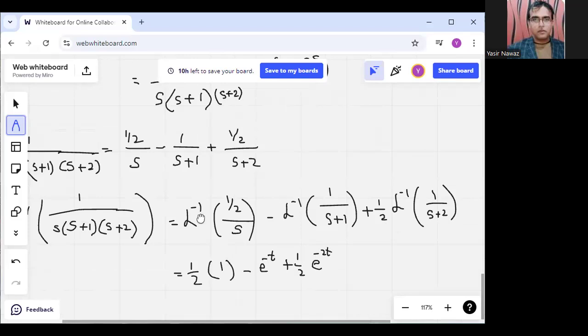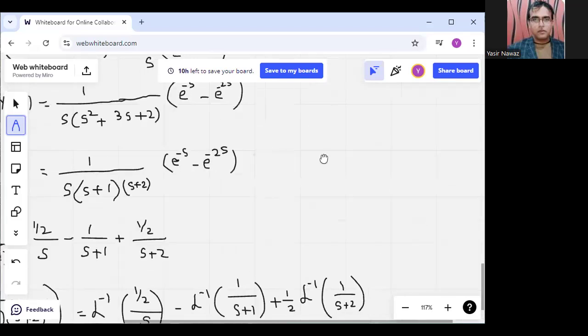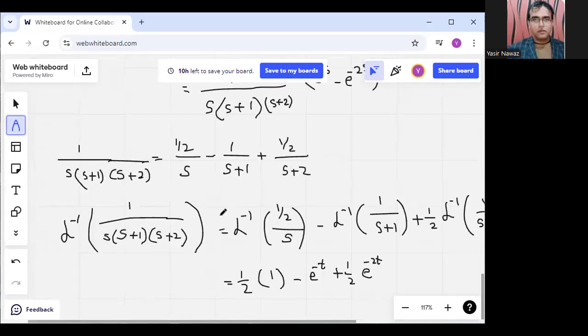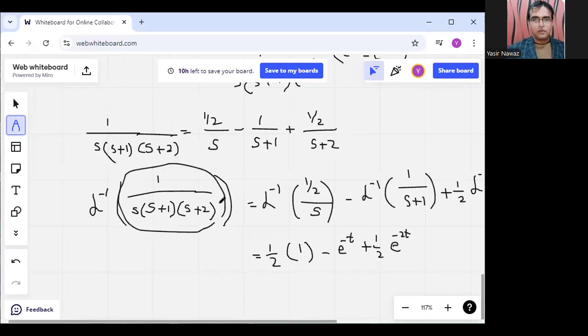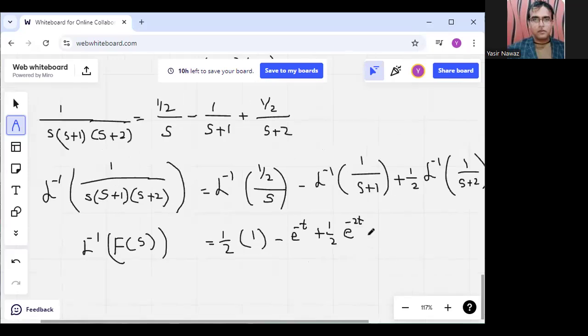So the actual function is this one. Suppose that the quantity inside these brackets is represented as F of s. Suppose that this is F of s, and the Laplace inverse applied on F of s gives this thing. Suppose that this is small f of t.